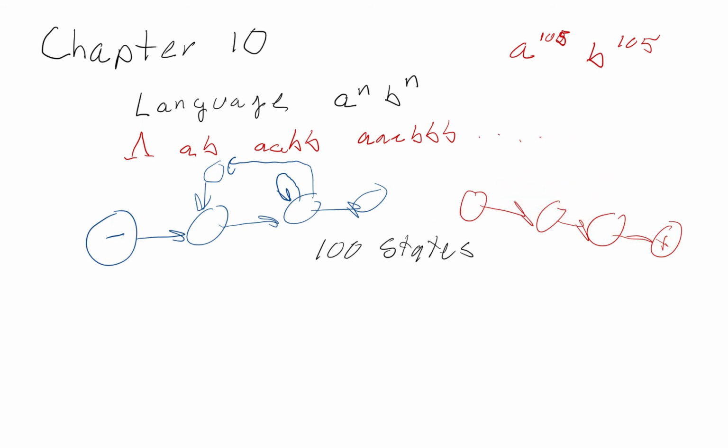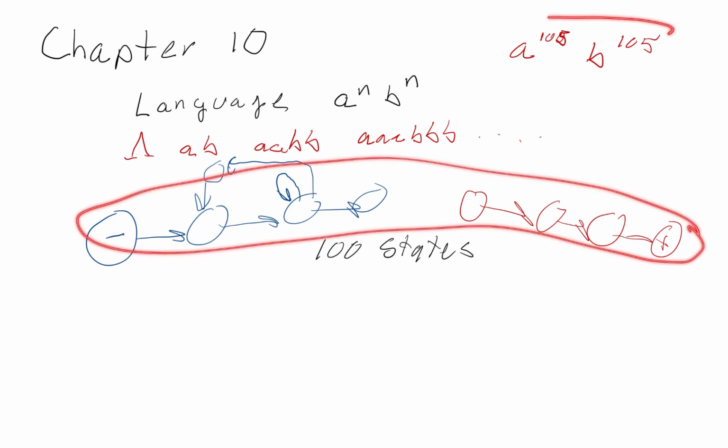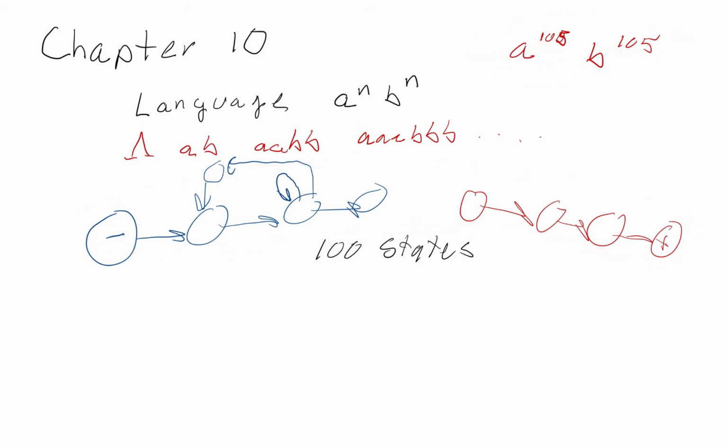But let's say that we get this finite automata that we created to accept the word a to the 105, b to the 105. So 105 a's followed by 105 b's is accepted by this finite automata. Now this finite automata had to go through this loop at least once before landing back into the final state.